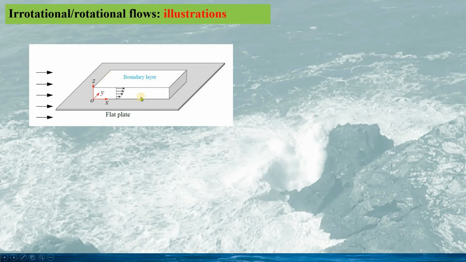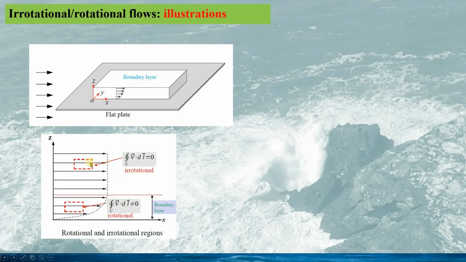In this thin layer, we can see the velocity distribution as this. And if we draw this in a large scale, we can easily see within the boundary layer, the circulation is non-zero. Hence, within the boundary layer, the flow is rotational.